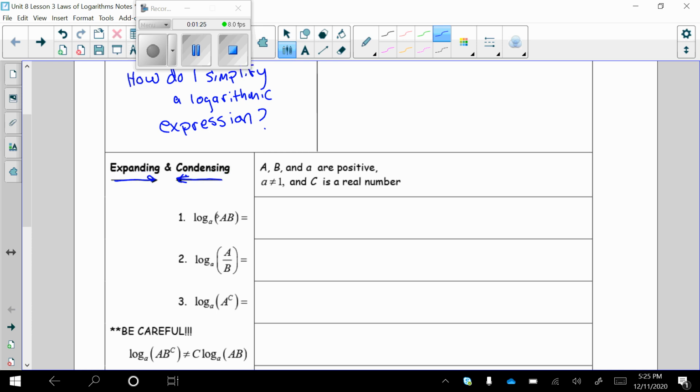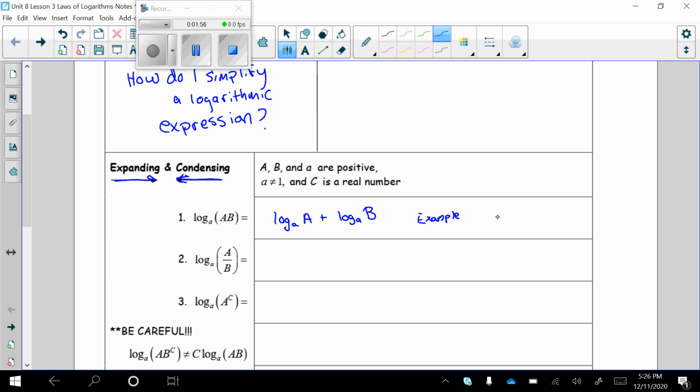This is condensed, but just like with exponents, we can expand this. When we multiply, we are adding. So this is the same as log base a of a plus log base a of b. All right, so we switch from multiply to addition and just split that number up. Now that can be any number.